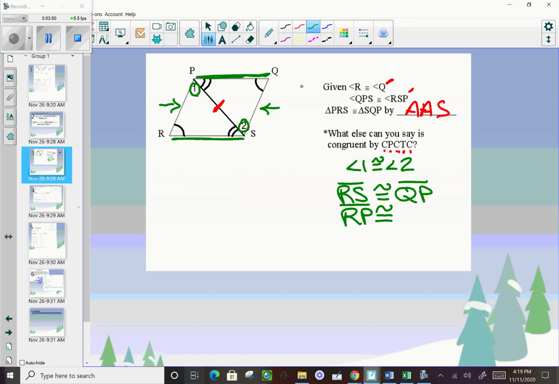R was the 1 marked, so I know that that's got to go with Q, S. So we've got RS congruent to QP and RP congruent to QS. So those 3 parts are the extra parts that we can say are congruent after we already know the triangles are congruent.